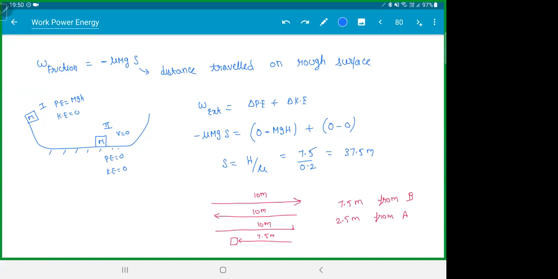So h is the height and mu is the same. Clear? All got this? Any doubts on this?